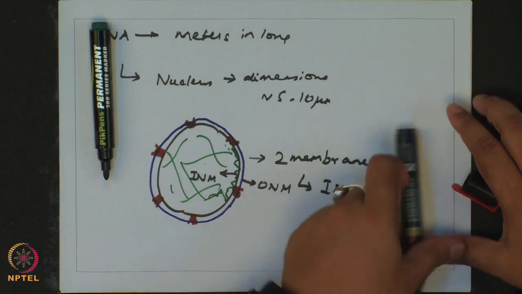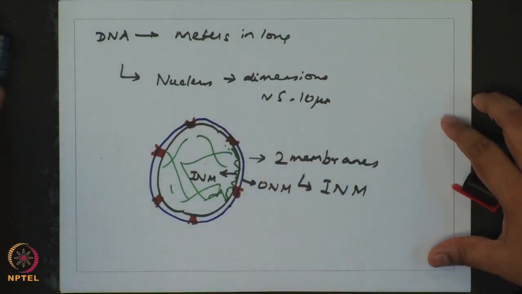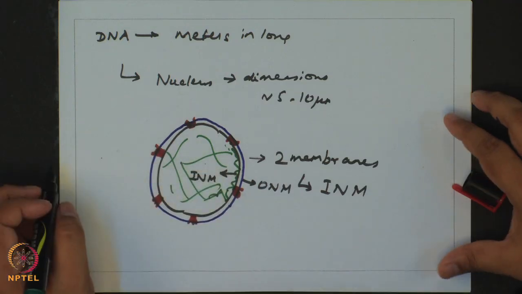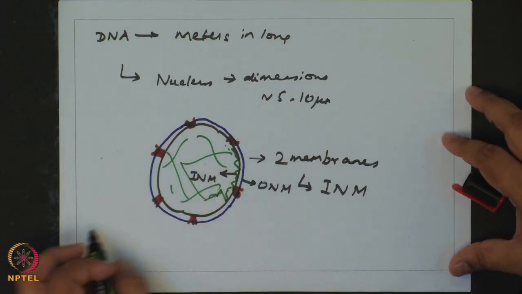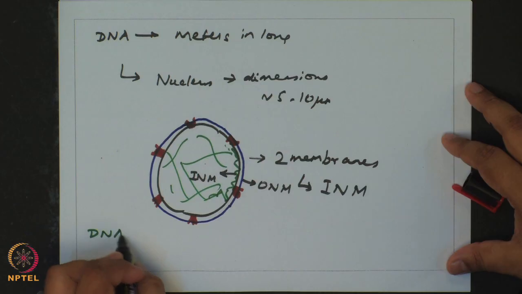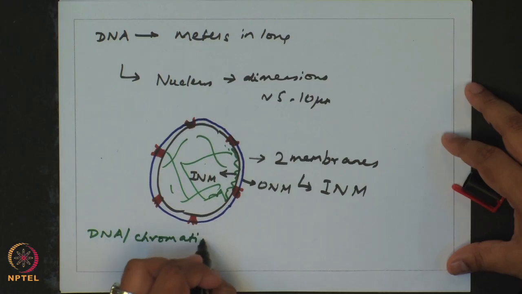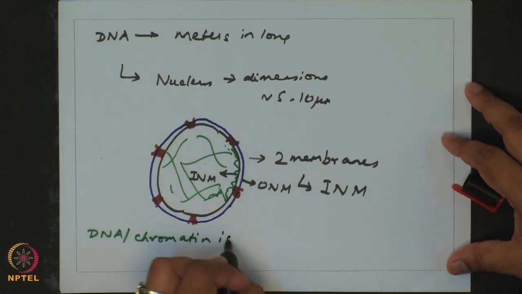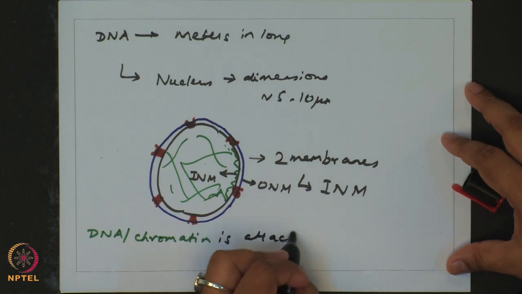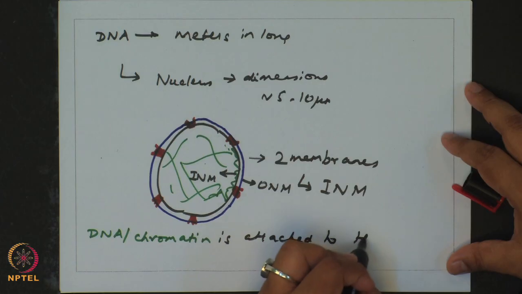Some portion of the chromosome or the DNA is attached to the inner nuclear membrane. So, you have some portions where the DNA or chromatin is attached to the INM.